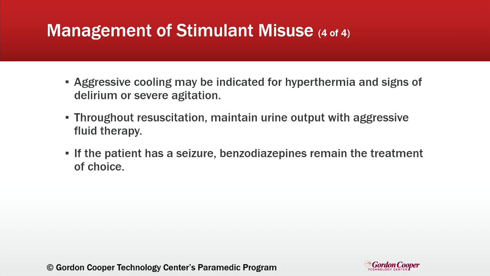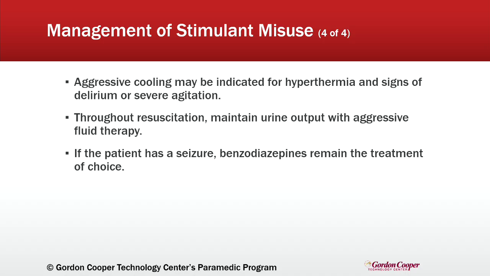These patients will often strip down because they get overheated and hot because of the drugs that they've taken. They may have a history of non-compliance with their psychiatric medications or antipsychotic medications. Chemical restraints and sedation may be necessary to ensure patient and provider safety.